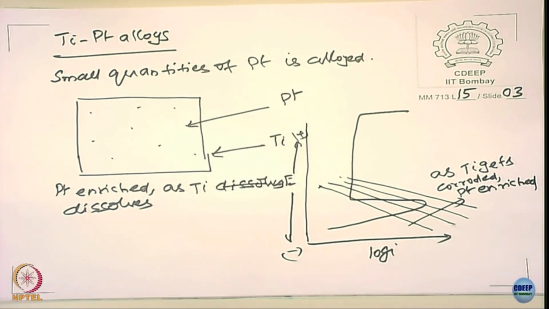So what will happen in this case? Beyond a certain point, the titanium will spontaneously passivate. I don't need to pass any external current because of this.